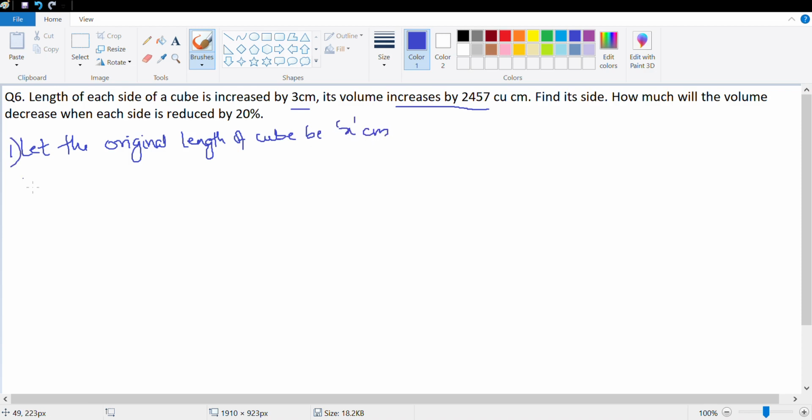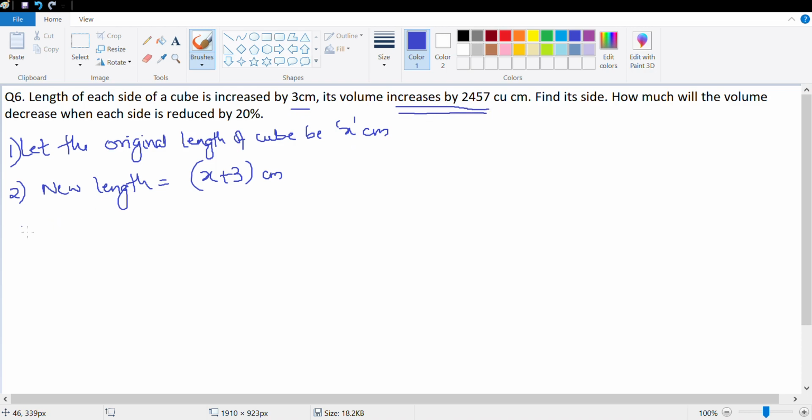So the original length is x centimeter and the new length is x plus 3 centimeter because it's being increased by 3 centimeter. They're saying when it's done, the new volume is more than the old volume by 2457.